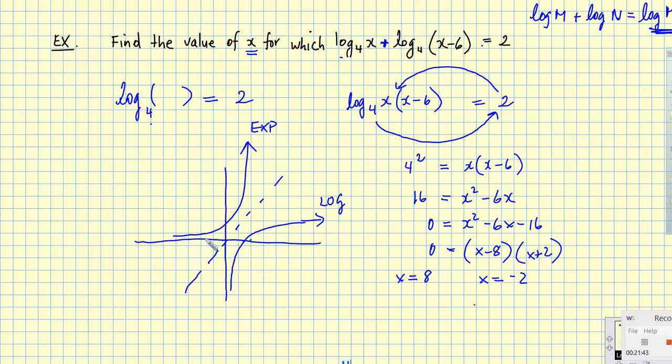Because negative 2 would be down here. If my x is equal to negative 2, it certainly can't work for the logarithmic form, because in the logarithmic form it never goes beyond or below 0, and therefore my x is not allowed to be equal to negative 2. So I'm going to have to disregard that as a possibility, and therefore my only solution to this problem is that x is equal to 8.